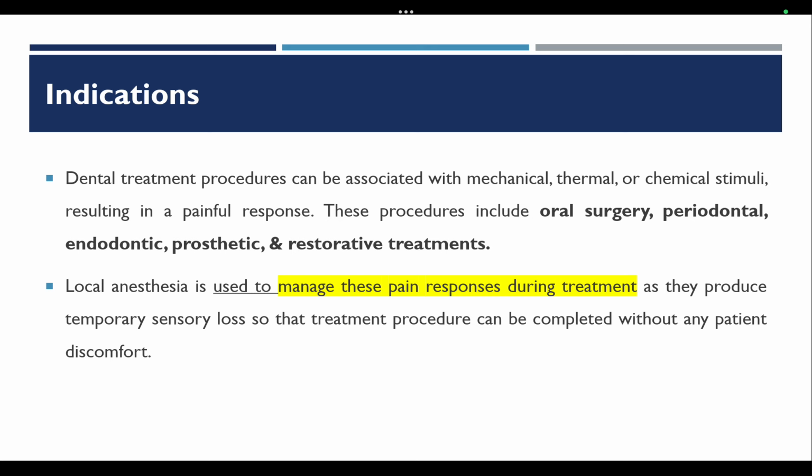It's used to manage the pain responses during the treatment. We give the injection before the treatment, and then the patient will feel temporary sensory loss, so the treatment can proceed and the patient will be comfortable. The procedure will be completed without patient discomfort.